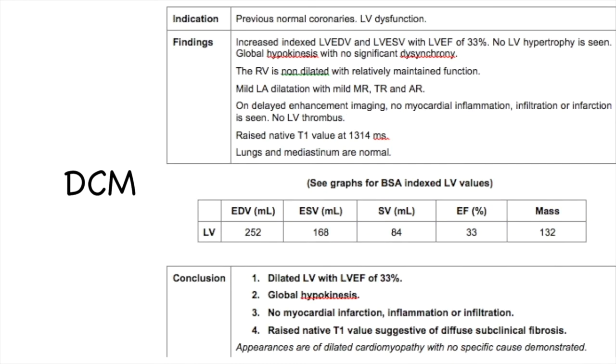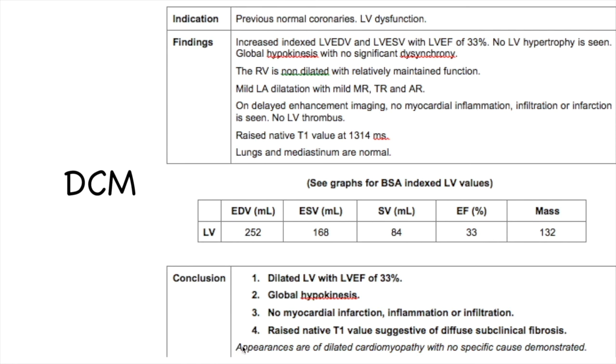This is our dilated cardiomyopathy template, whereby this is univentricular dilatation with LV ejection fraction of just 33%. We will put our native T1 values and ECV values when available. We will talk about the atrial dimensions, and we'll talk about the delayed enhancement appearances also.